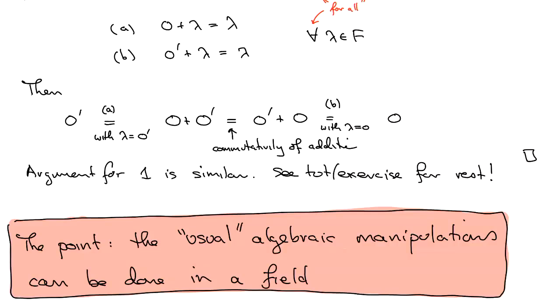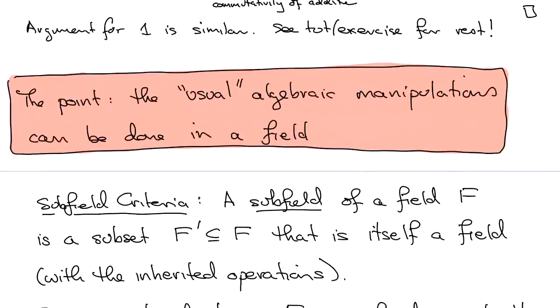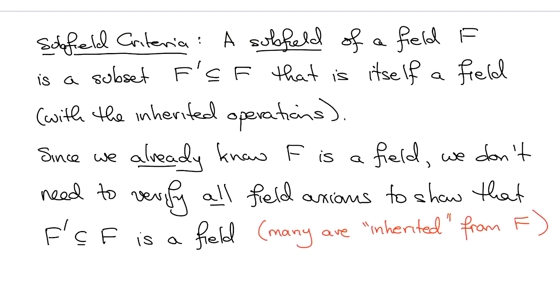So Z_p, yes, it's a field, but with a different set of operations than the ones we would have used working in the real numbers. So that's the subfield definition: a subfield is simply a subset that is itself a field with the inherited operations. That's important.